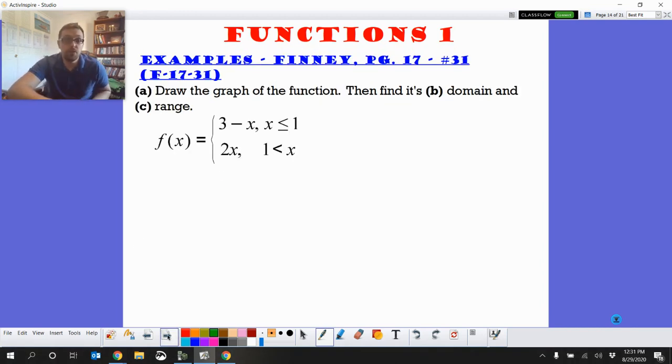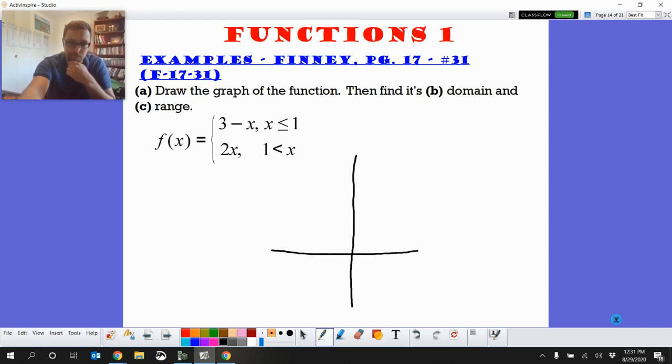All right, now I want to draw the graph of a function. When you want to graph these things, the best way to do it is to graph it as if it was just a regular old function and then erase what you don't need. So if I wanted to graph this thing, I want to start at 3. 1, 2, 3. And my slope is -1, so I know I'm going to be going down 1 over 1.